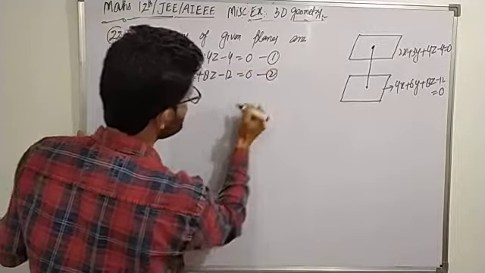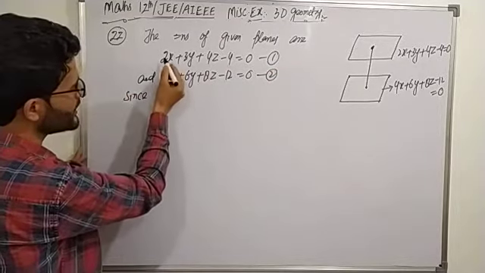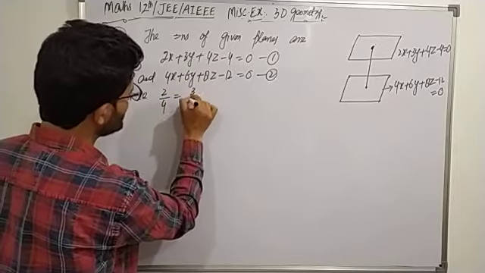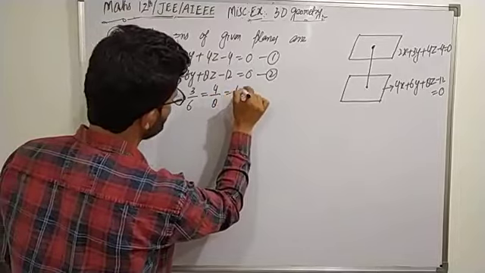Keep that as second. So since यहाँ पे attitude numbers proportional है, since 2 divided by 4 must be equal to 3 divided by 6 must be equal to 4 divided by 8 and that's equal to 1 by 2 each.